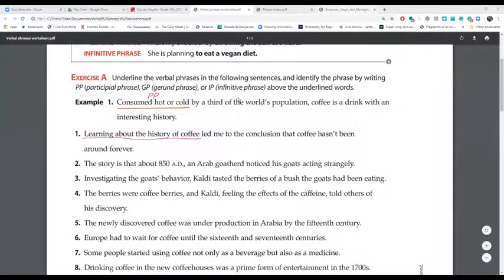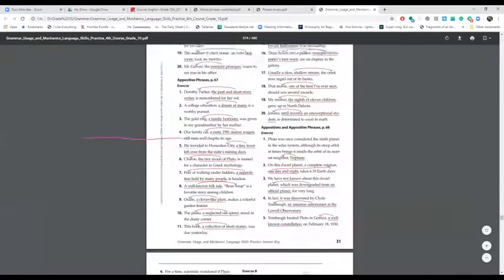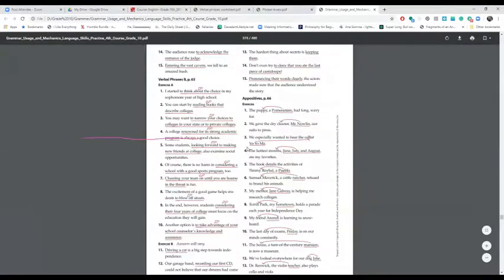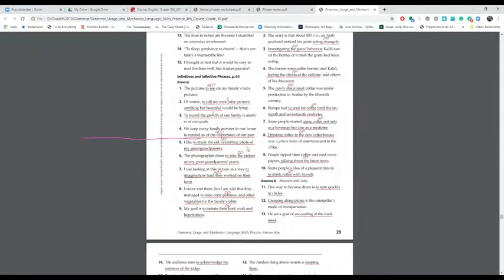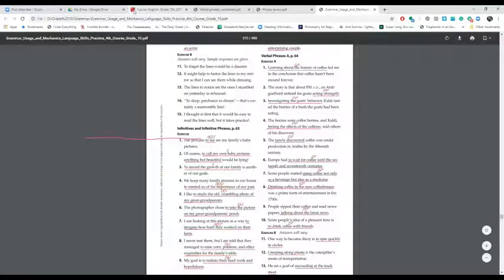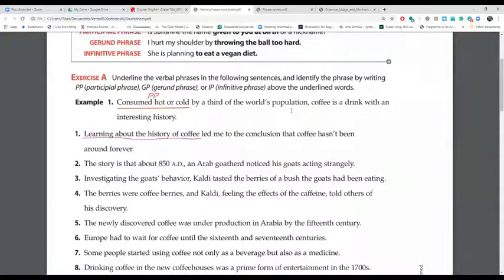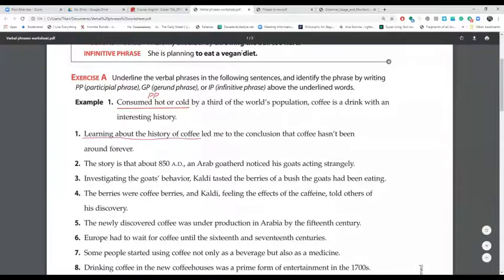Let's double check this one. Is this modifying a noun at all? Is this acting like an adjective? No, it's modifying this verb here, led, right?